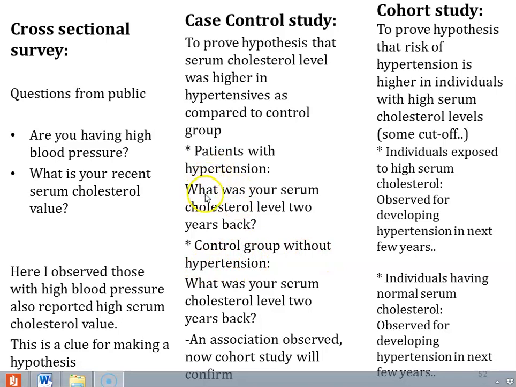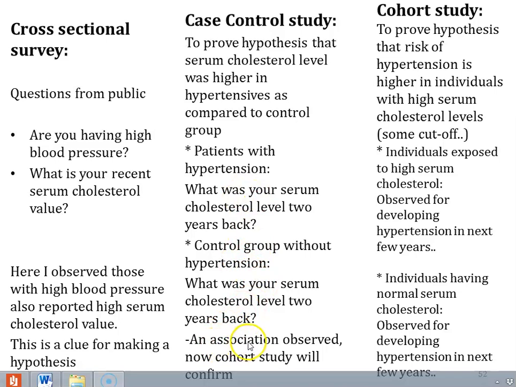I will ask both these groups, what was your serum cholesterol level 2 years back? Right? Same question from both groups. And then I will compare the serum cholesterol level in both the groups.